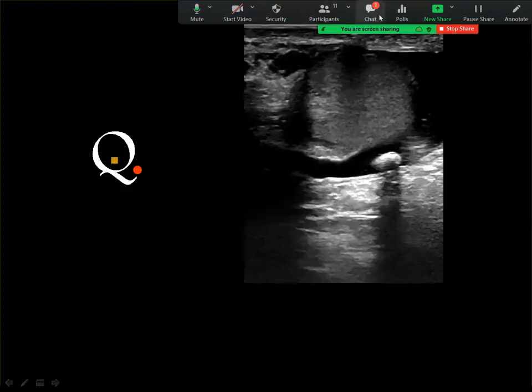This is an ultrasound of the scrotum, and I have to say for all of you that the best way for evaluation of the testis and the scrotum is ultrasound, not MRI. And many times we see in clinical practice that they request MRI, thinking that it will be more beneficial than ultrasound.